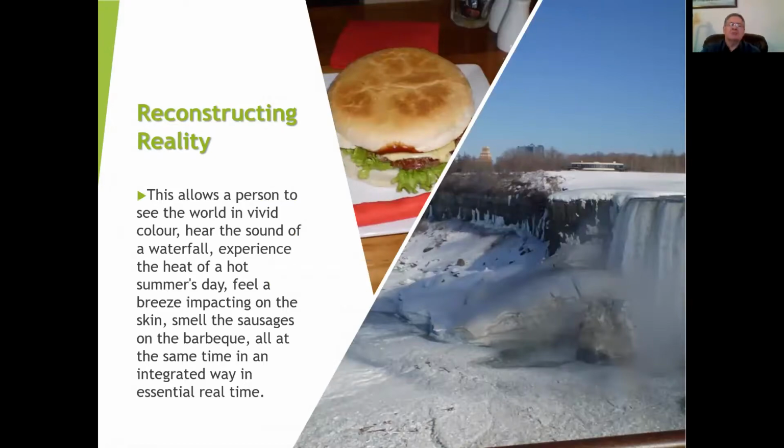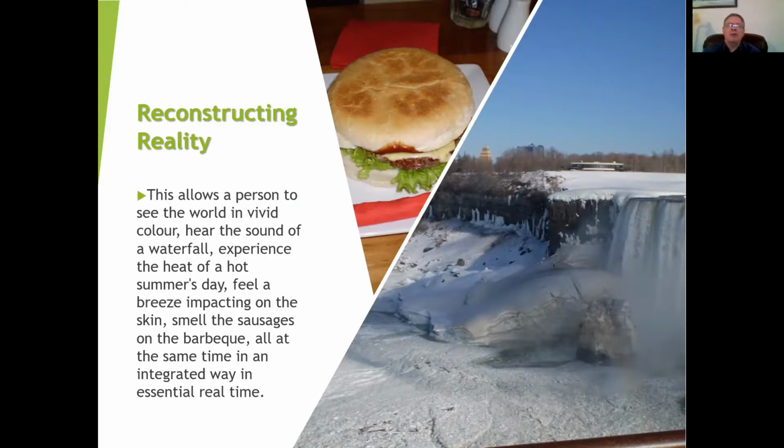And this allows you to see the world in vivid colour, hear the sound of a waterfall, experience the heat of a hot summer's day, feel the breeze impacting on your skin, smell and taste food, etc. And you experience all these sensory modalities simultaneously in an integrated way in essentially real time.